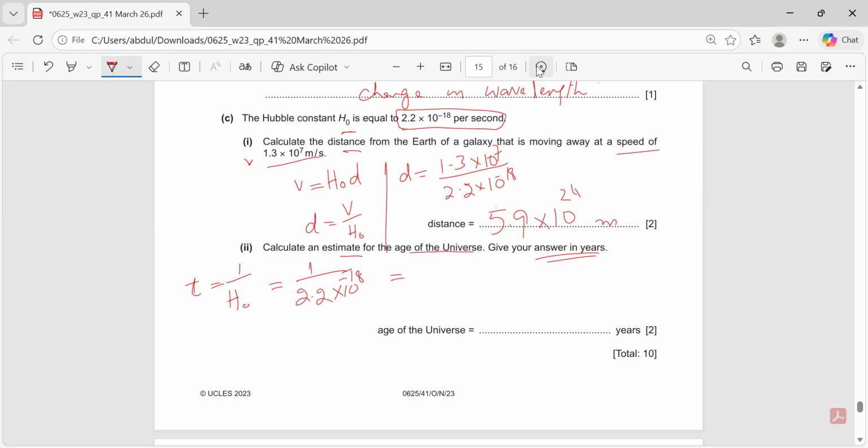When I'm simplifying this, I'm getting 4.545 times 10 raised to power 17.